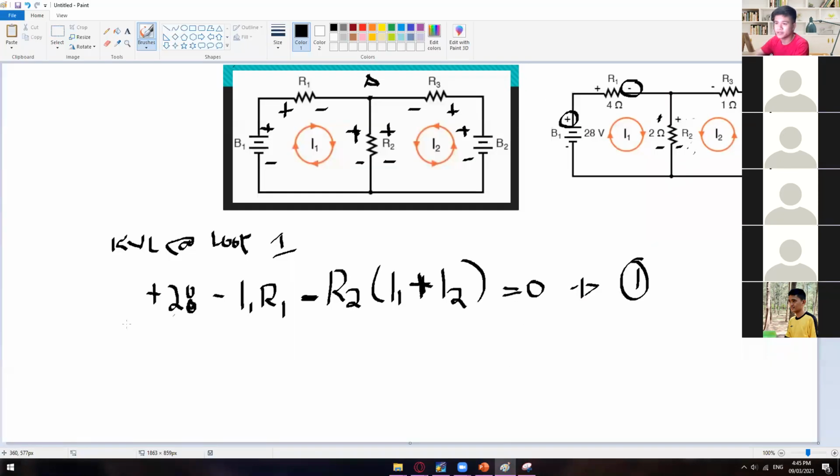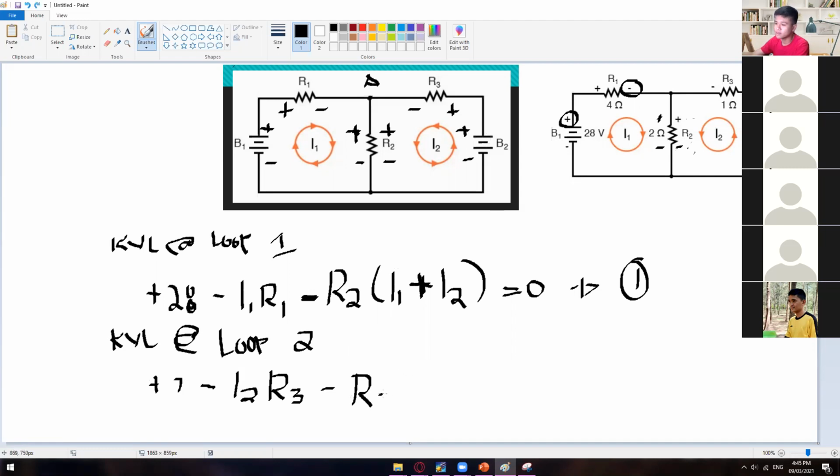So let us answer number 2, KVL at loop number 2. Okay, so from here we have positive 7 volts. Let's remove that V. And then we have here negative I2 times R3. Okay, and then we have here negative R2.